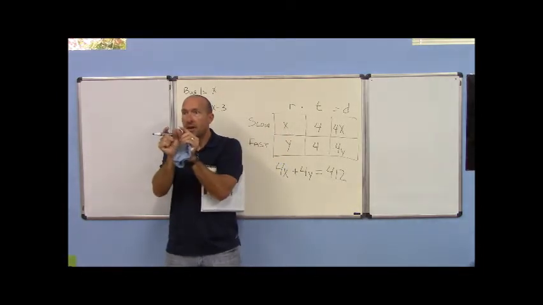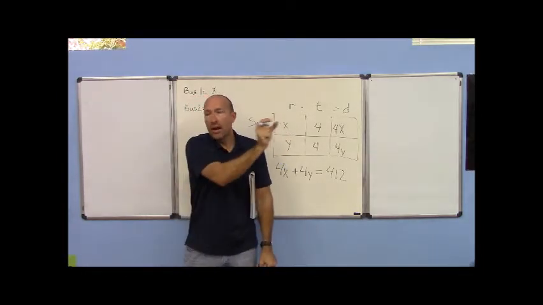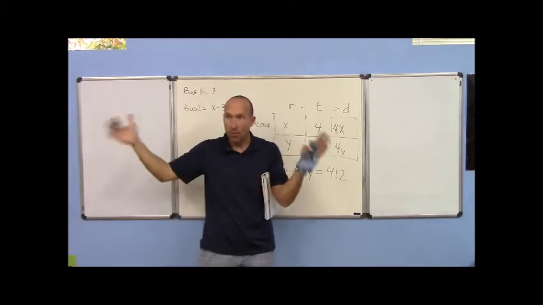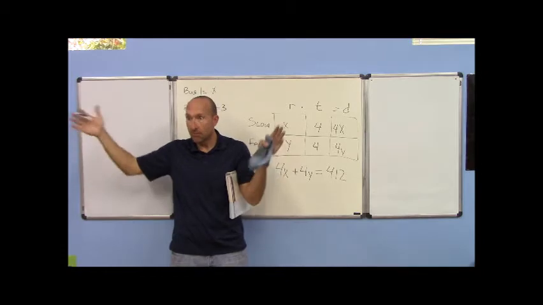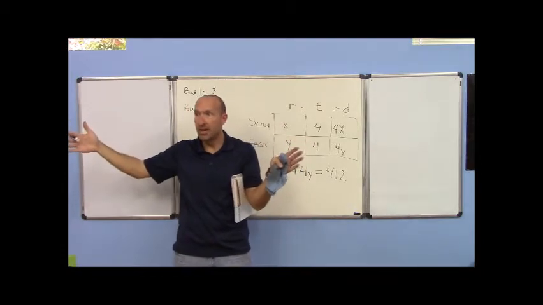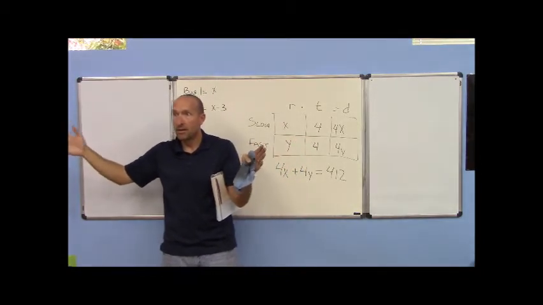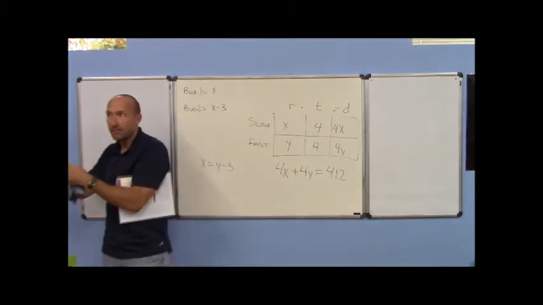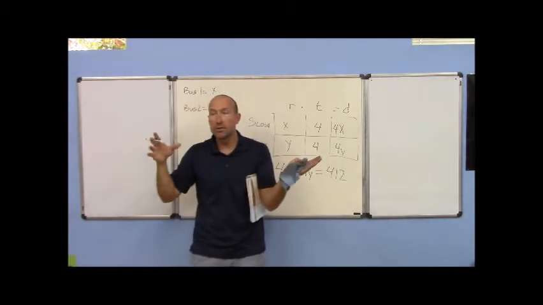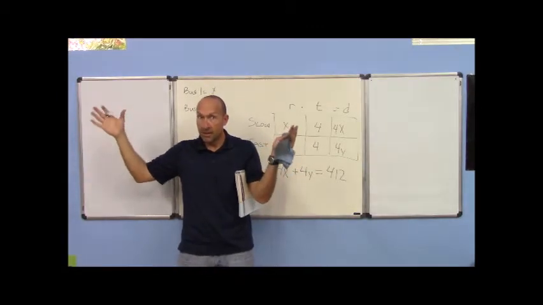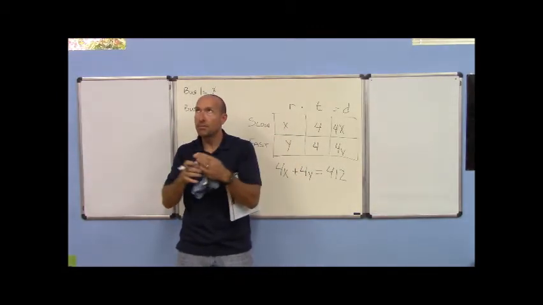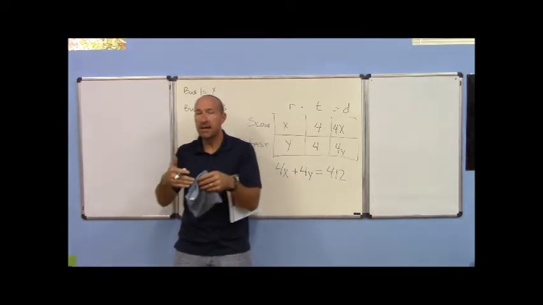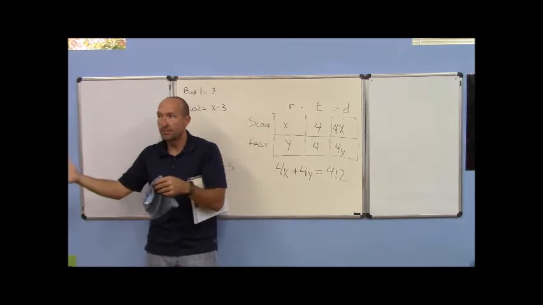Whenever they meet and you hold them together, no matter how you move them back and forth, they are still traveling along that 412 feet. That 412 feet string doesn't change at all. One can go 1 foot, the other one can go 411 feet. Or they can both go 206 feet. But to combine, no matter how you move them, you add their distances together to get that 412.